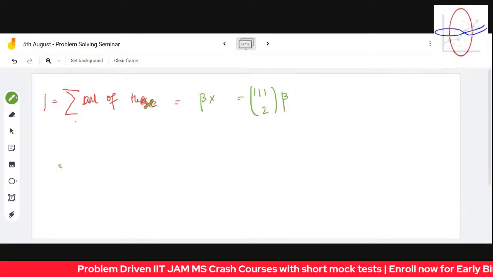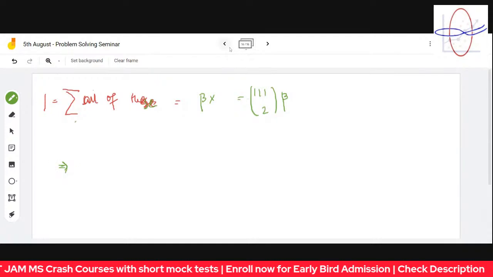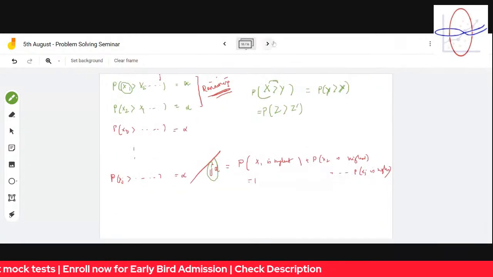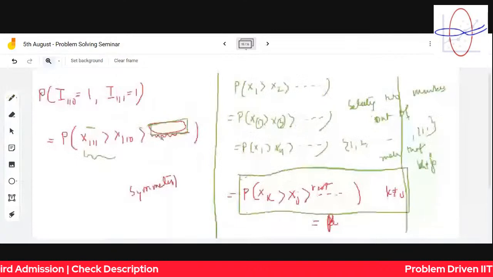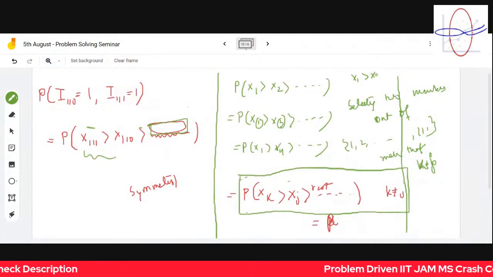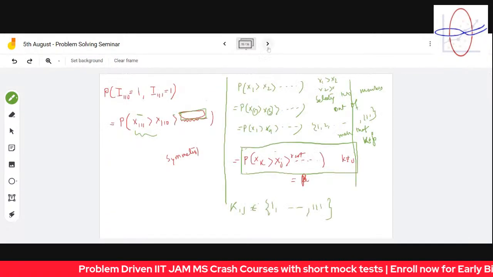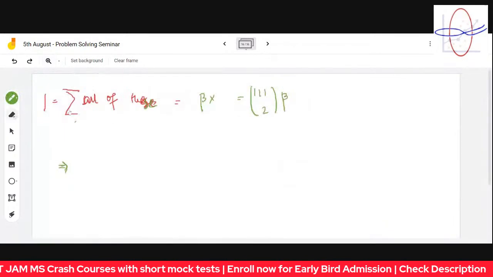But there are certain cases. It's not 111 choose 2. It's 111 into 110. Why? It's permuting actually. Here x1 greater than x2 is different from x2 greater than x1. It's a permutation, 111 P 2, not choose 2. Understand the difference? It's not just selecting but also permuting.